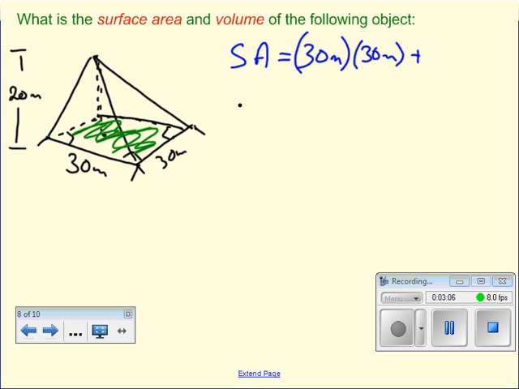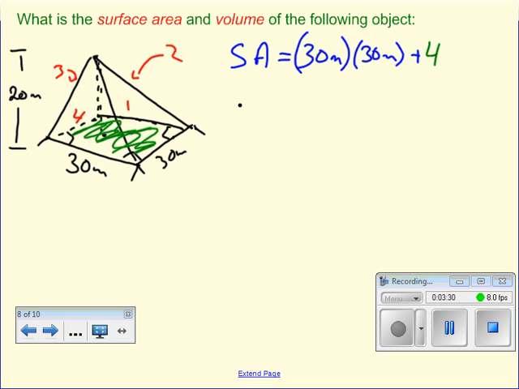I also have 4 triangles. 1, and on the back side here is 2, 3 on this back side, and 4 on the front. So these guys are all the same, and I have 4 of them. So plus 4 times the area of my triangle.